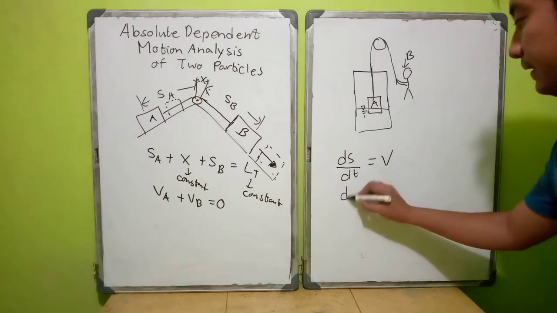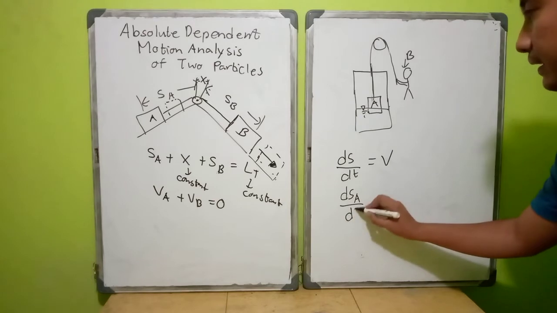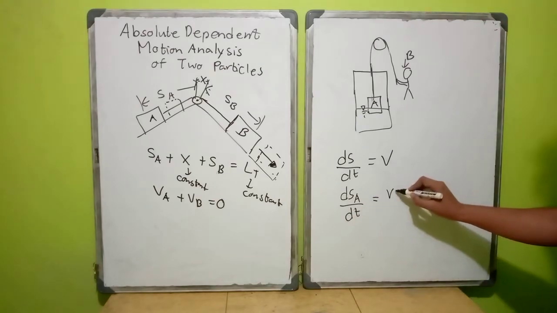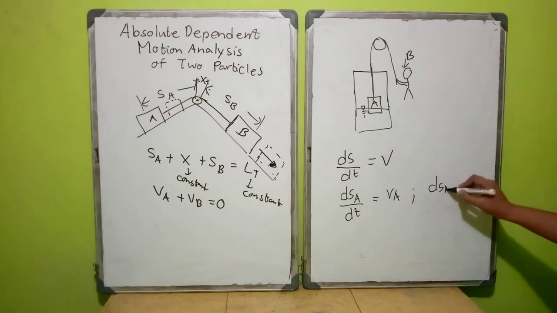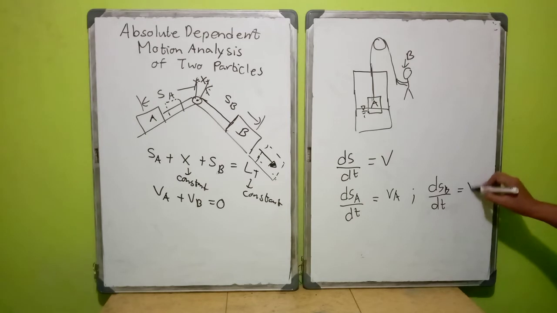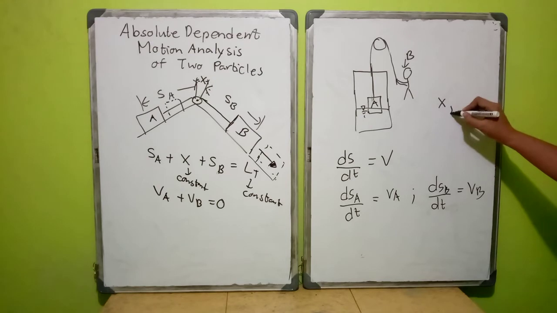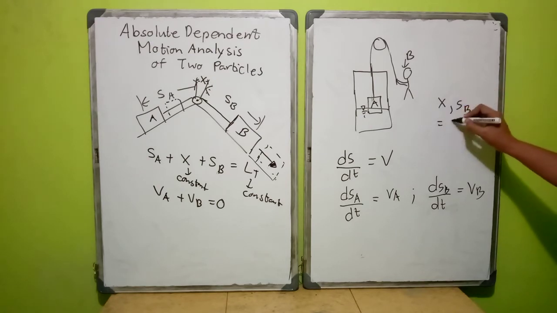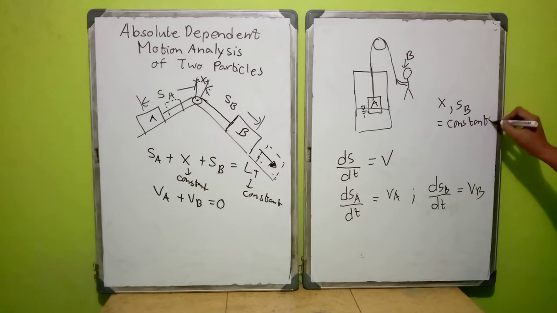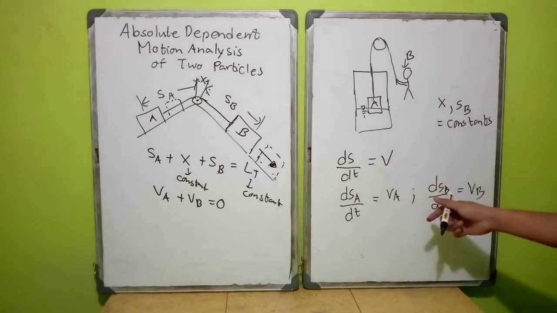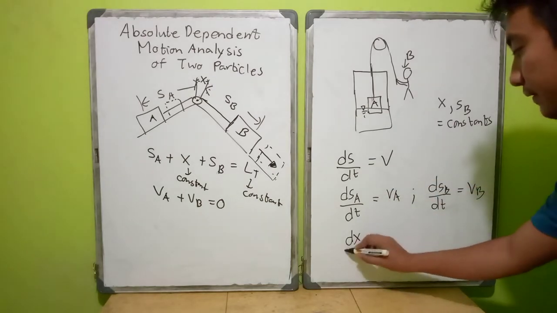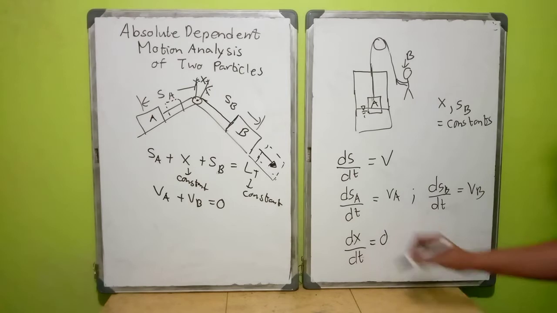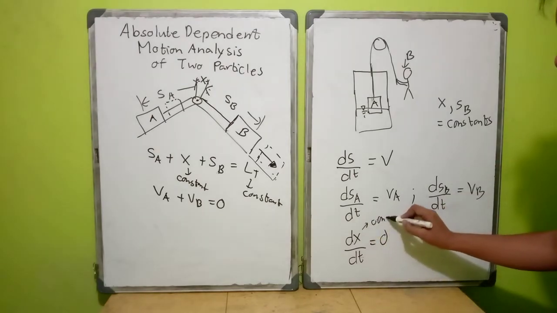Therefore, dsA over dt is equivalent to velocity A, and dsB over dt is equivalent to velocity B. Since X is constant, if you differentiate it with respect to time, dx over dt is equal to 0.